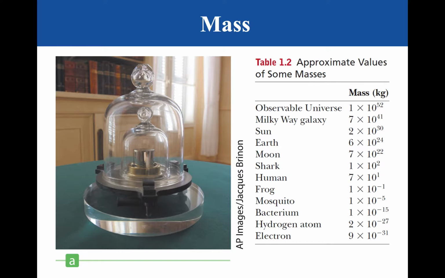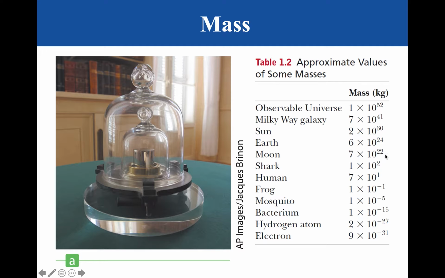Mass, our fundamental unit of mass in the SI system, is the kilogram. A kilogram on Earth weighs about 2.2 pounds, to give you some perspective. These values give you a huge range of different size masses between different things. So you see the Earth is about 100 times more massive than the Moon.